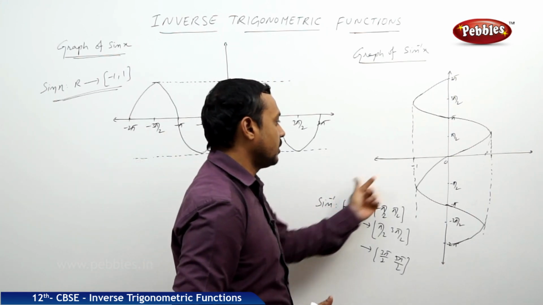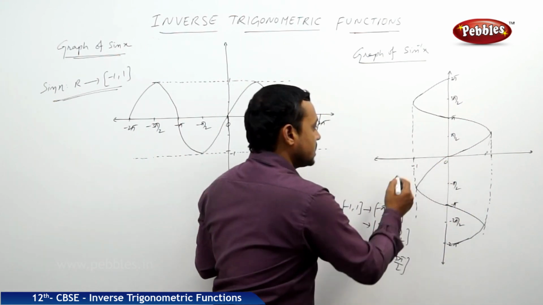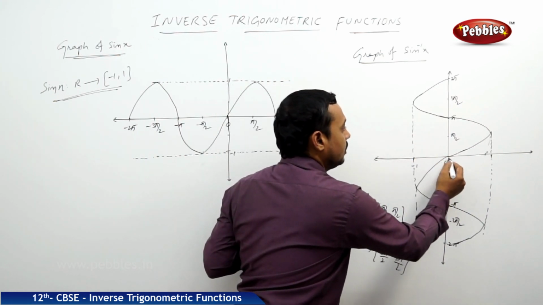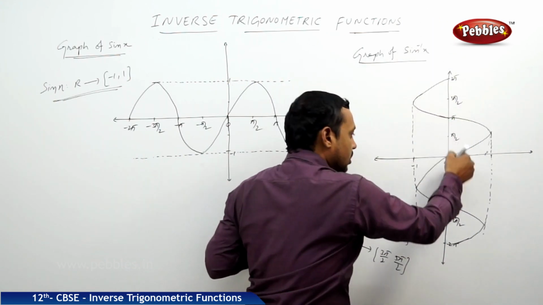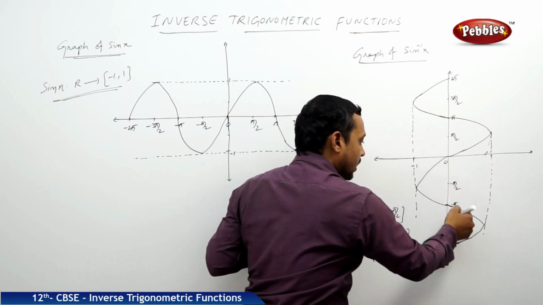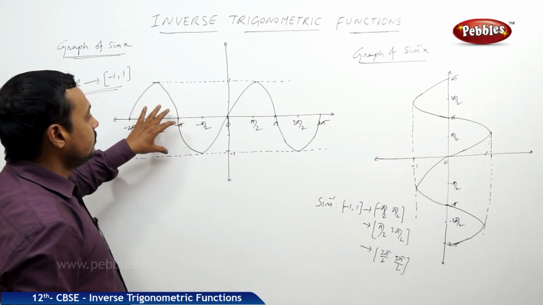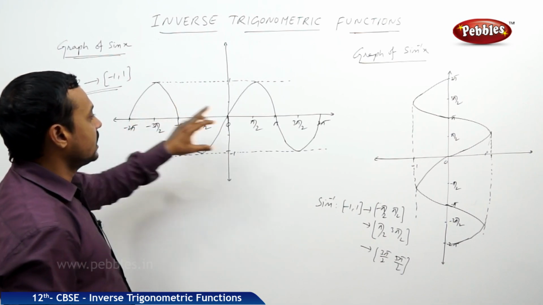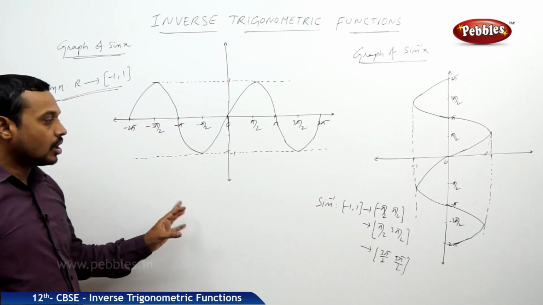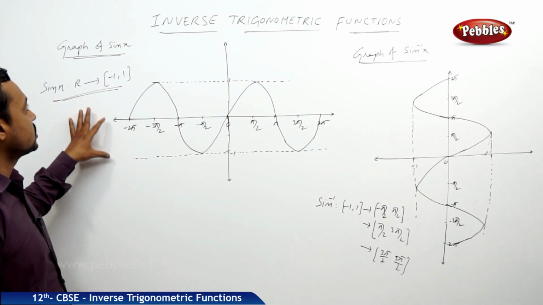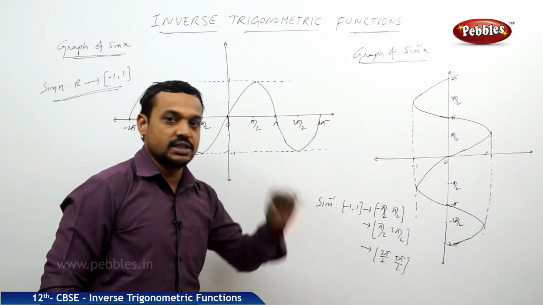Sin inverse x has the domain minus 1 to 1, and the possible values of sin inverse x lie between 0, pi by 2, 3 pi by 2, 5 pi by 2 and so on, and 0 to minus pi by 2, minus 3 pi by 2 and so on. So you see, this is the graph of sin x, and that is the graph of sin inverse x. These are the graphs of the two functions, sine and its inverse function, with the corresponding domains.